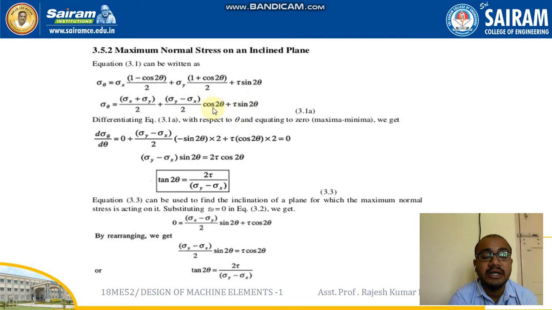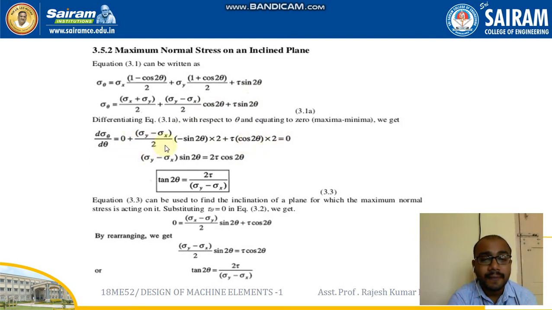Differentiating this equation with respect to theta and equating it to 0, for a maximum or minimum, we get d sigma theta by d theta equal to 0: sigma y minus sigma x by 2 into minus sin 2 theta into 2, plus tau cos 2 theta into 2, equal to 0.